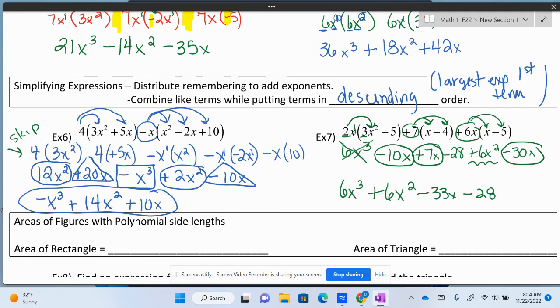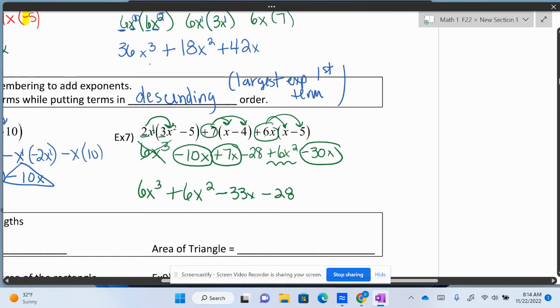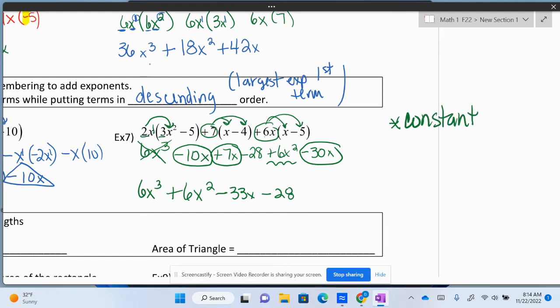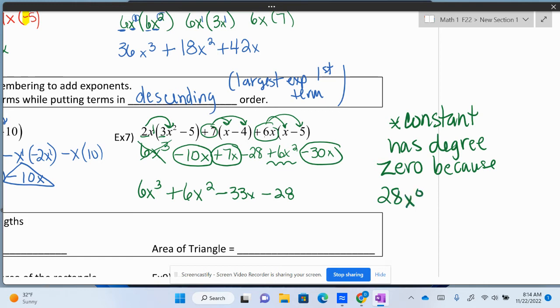Remember that we said a constant is degree what? Do you remember from yesterday? It is a constant has degree 0, because, I think it's important to know why, if I took 28 times x to the 0 power, what is x to the 0 power?